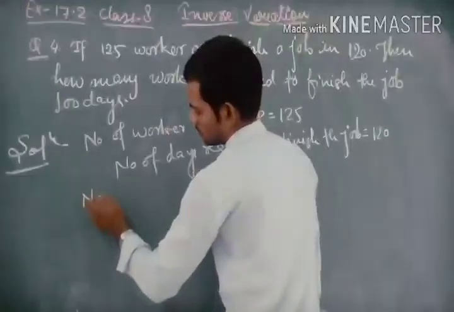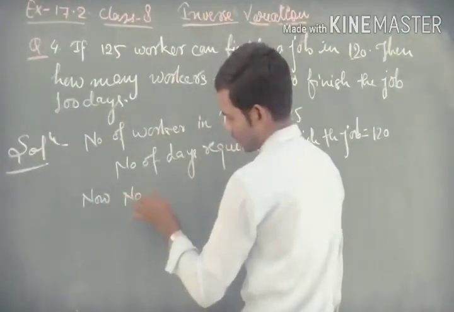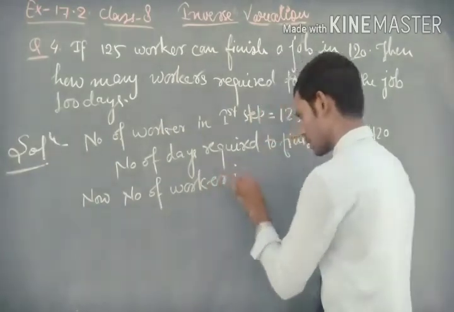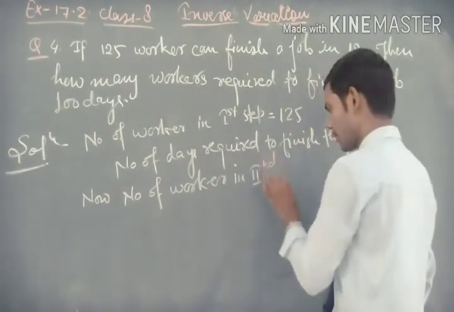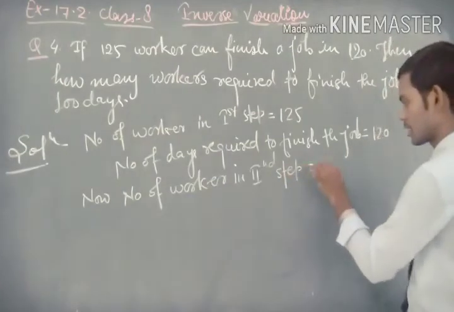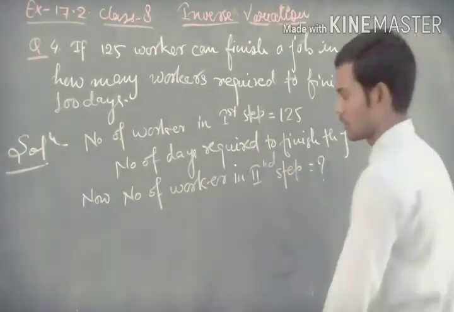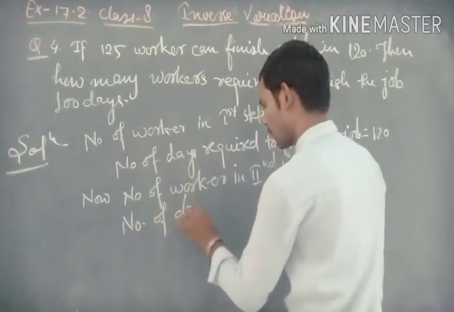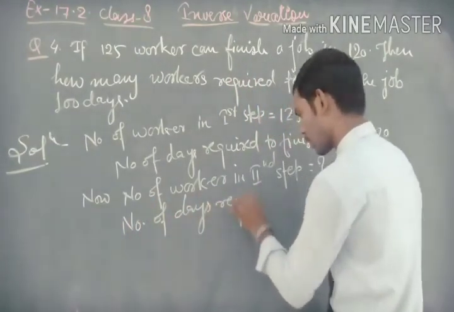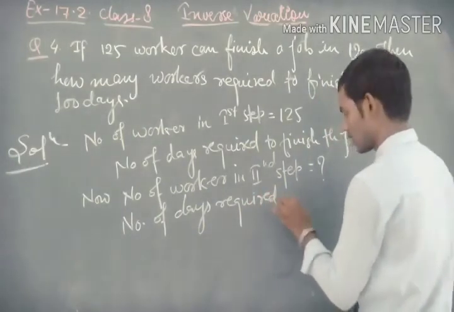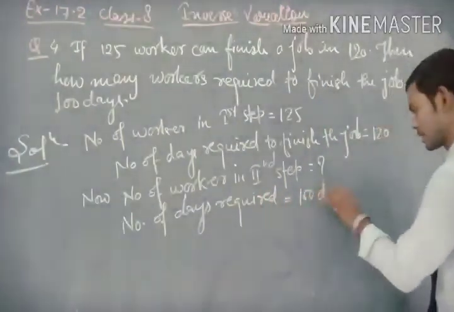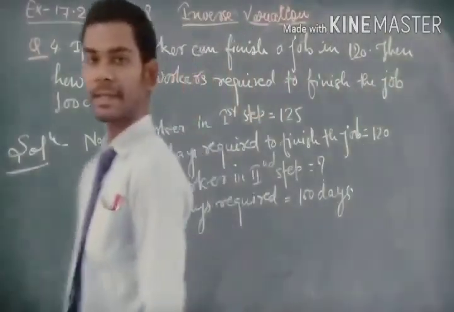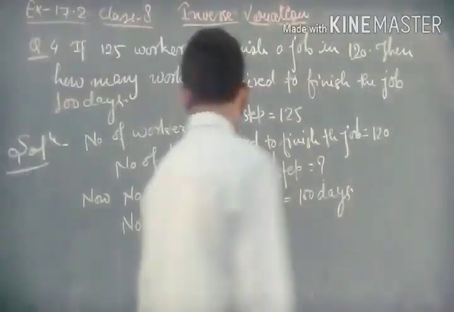Now, number of workers in second step is unknown. We have to find, and the number of days required is equal to 100 days. Okay, so this is the first method.